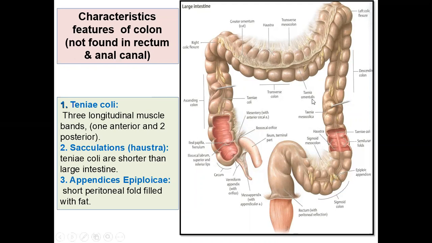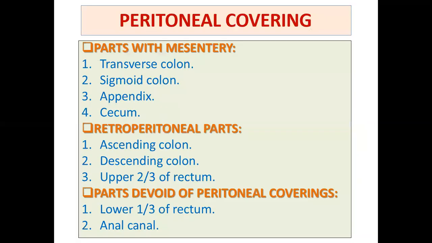They are present everywhere up to the sigmoid colon, but not present in the rectum and the anal canal. So these are the three features: tinea coli, the longitudinal muscle fibers; then sacculation or haustration, which are folds; then the appendices epiploicae, nothing but the fat content within the peritoneum. These are the three typical features present in the large intestine, and how you can identify the large intestine and differentiate it from the small intestine.